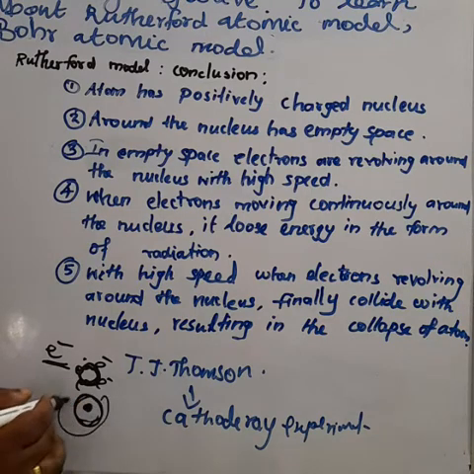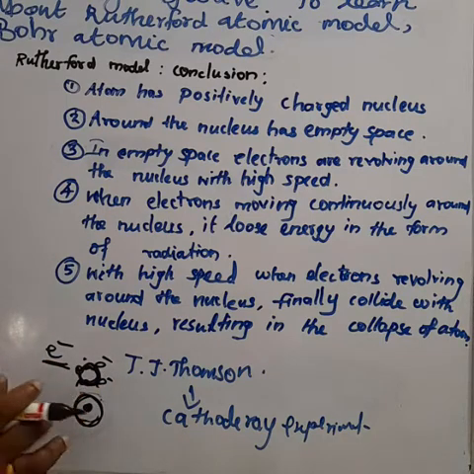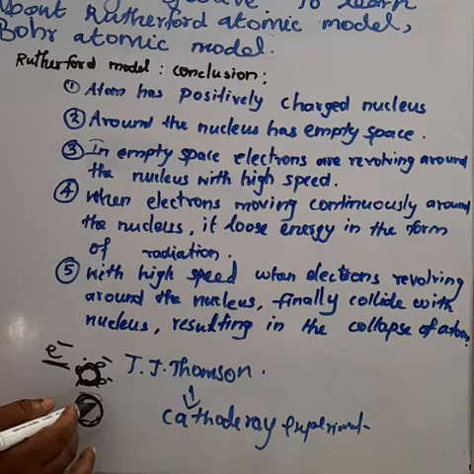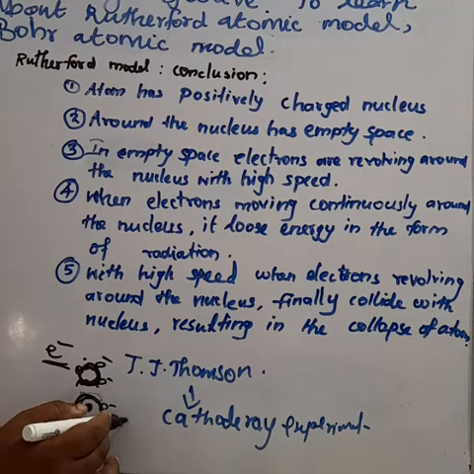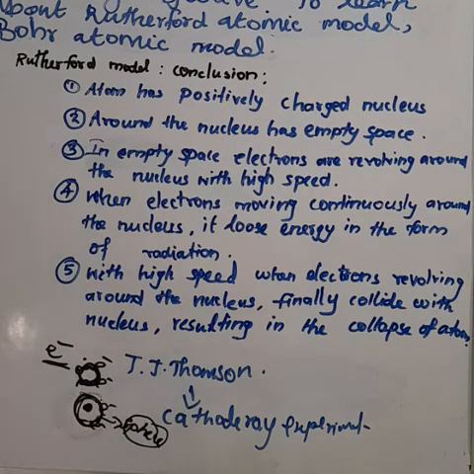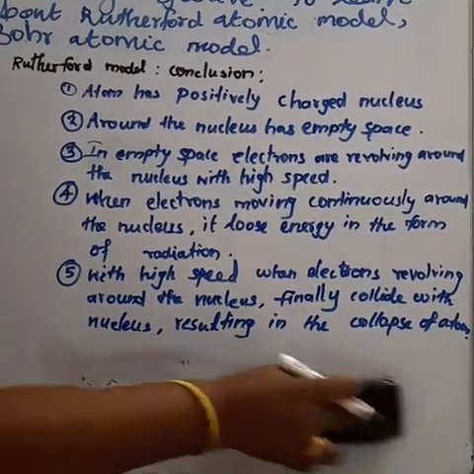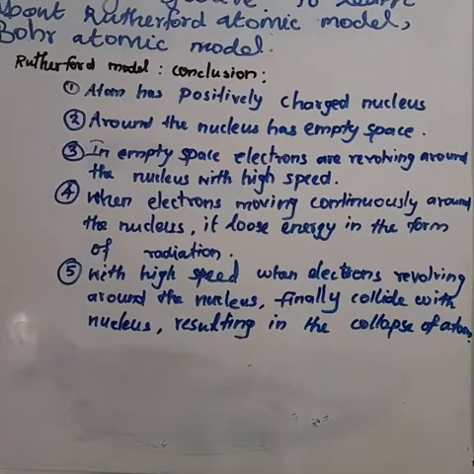He didn't tell about that. Only he said that the atom has negatively charged particles called electrons, and a positively charged sphere. That is the limitation of the J.J. Thomson experiment.